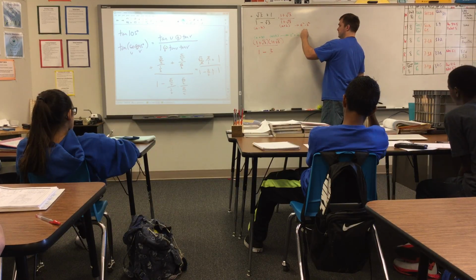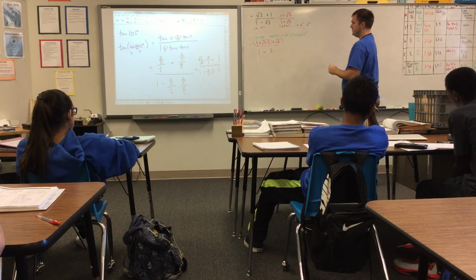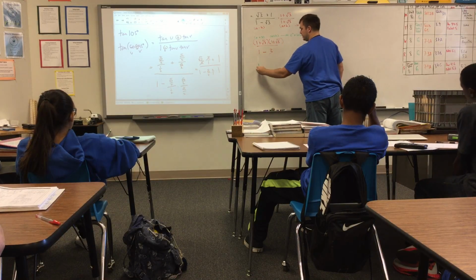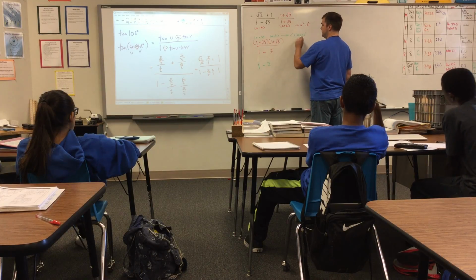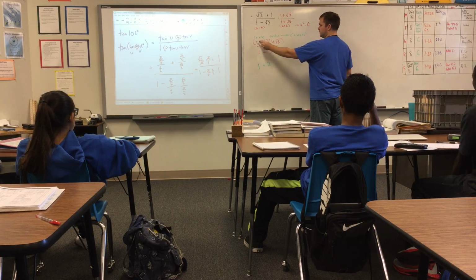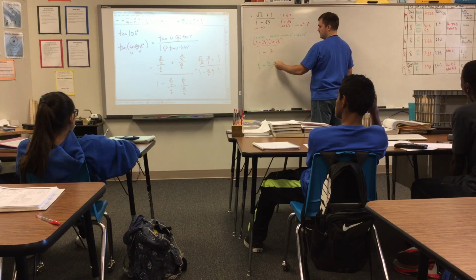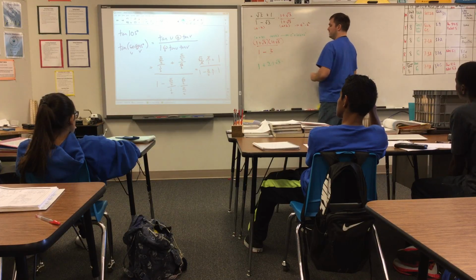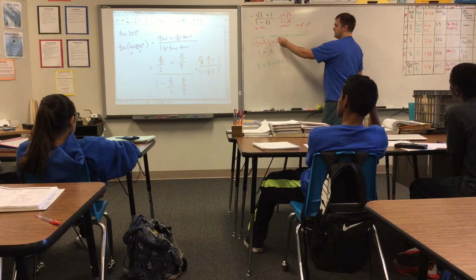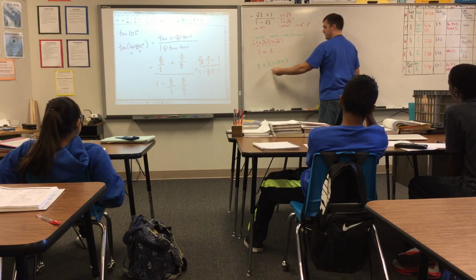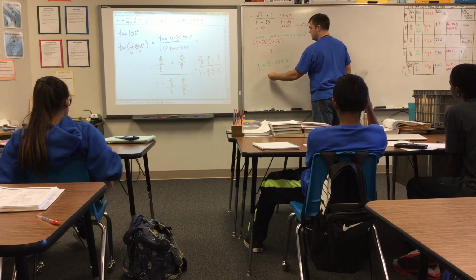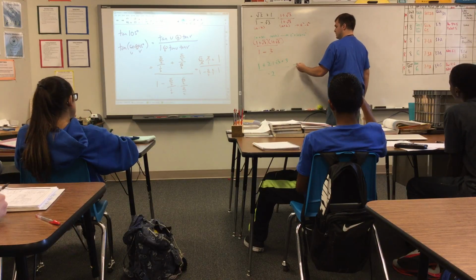Hooray for Algebra 2, saving us time, because that's going to be 1 squared, which is 1, plus 2 times 1 times the square root of 3, plus B squared. So square root of 3 squared is 3, all over negative 2.